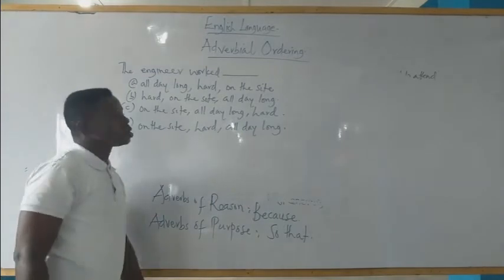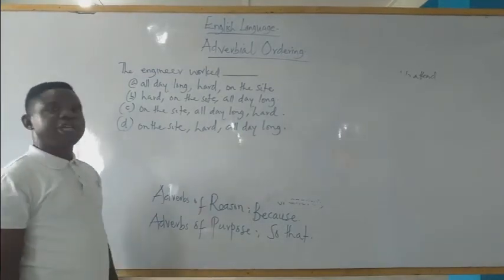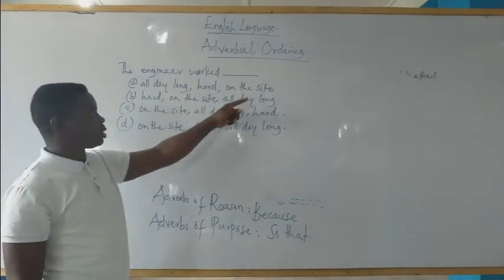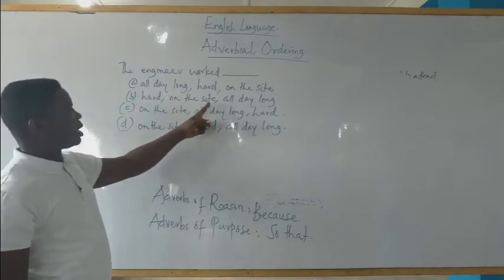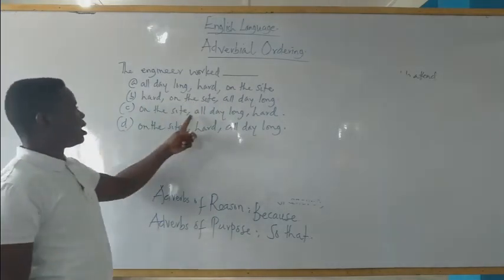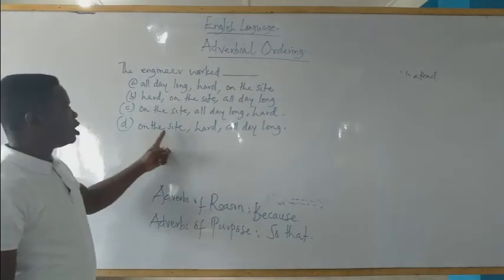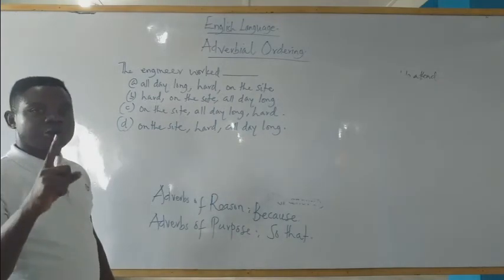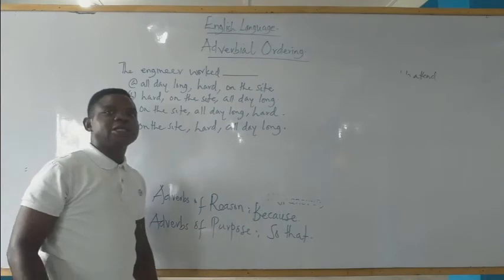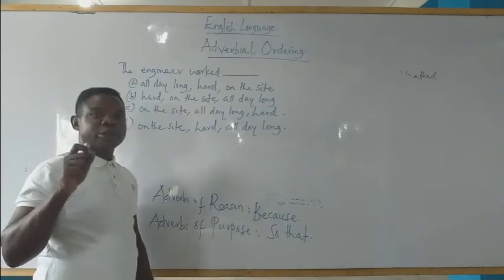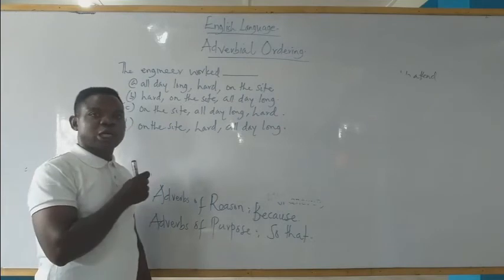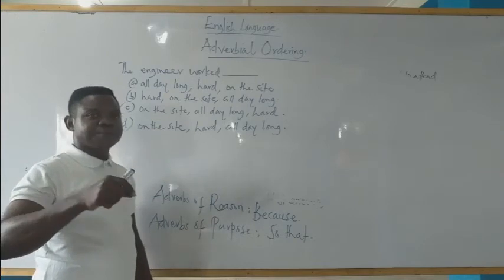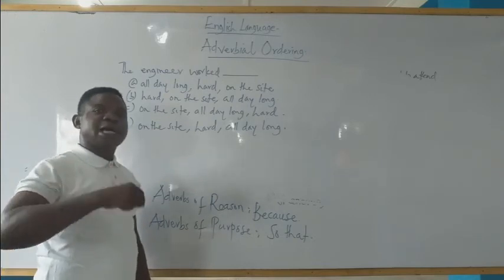Now look at this sentence. Only one option is correct in this instance, and the correct option is the only one that follows our order of arrangement of adverbs, which is adverbs of manner, adverbs of place, and adverbs of time.